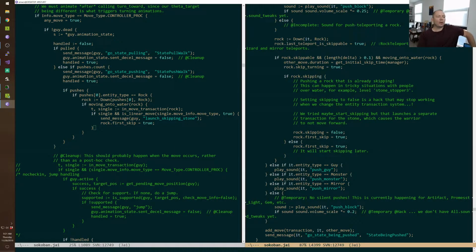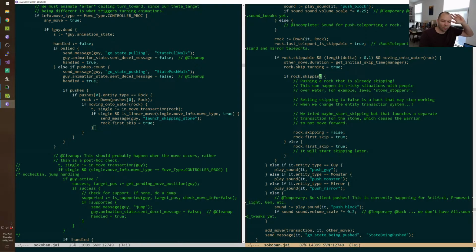See, the problem is if we exempt it from the transaction, the player could be doing something really fast. He could be... No, I don't know.